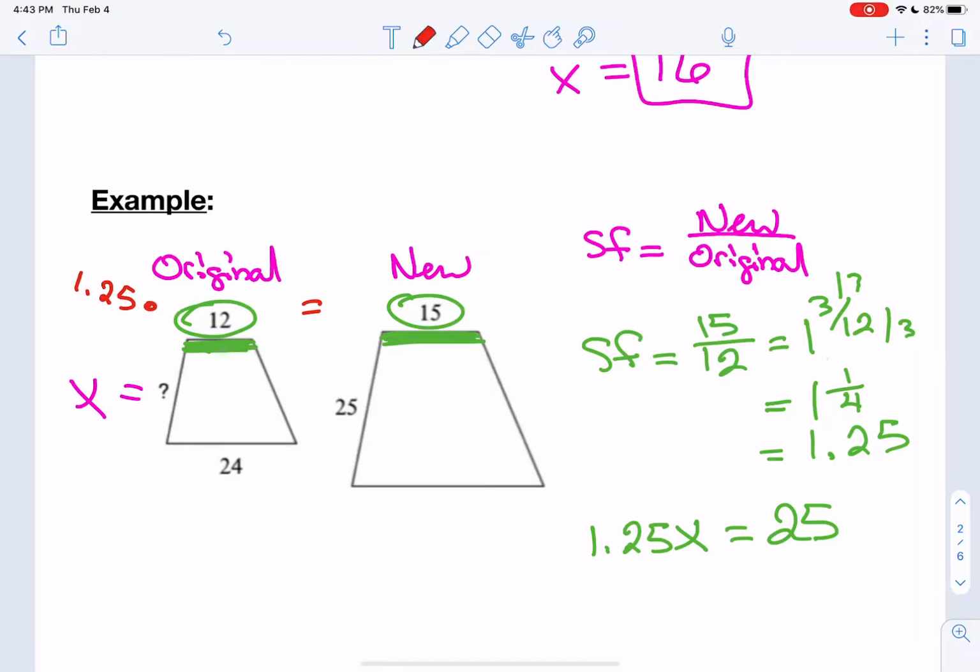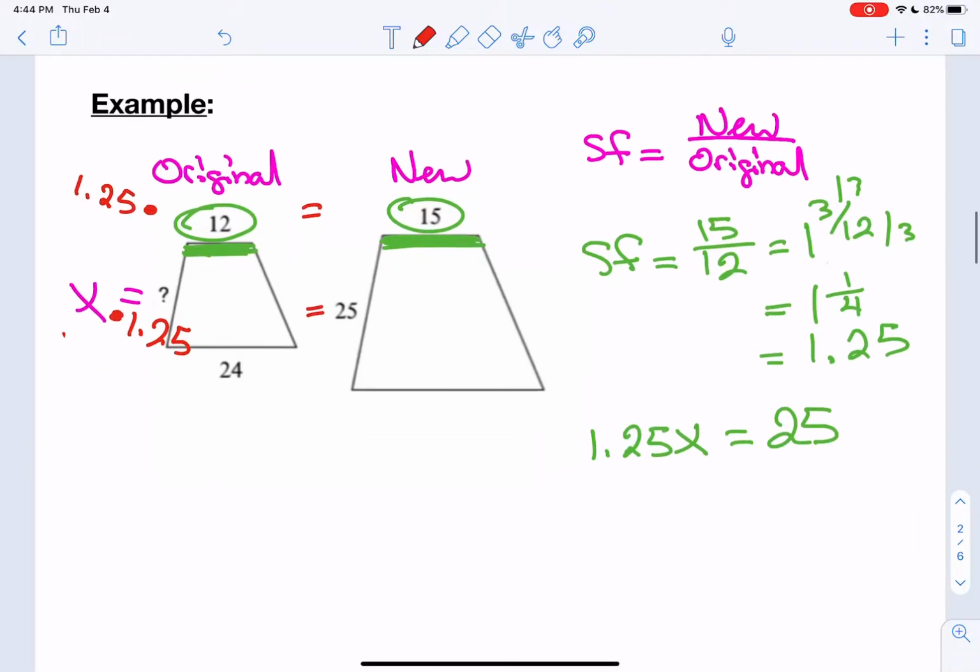So we're going to do times with a dot. So that means x times 1.25 equals 25.